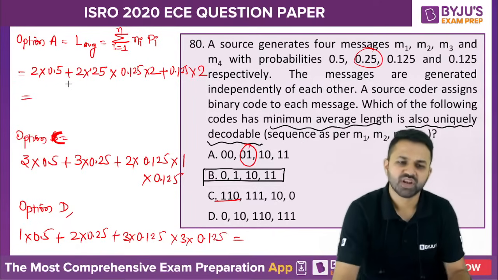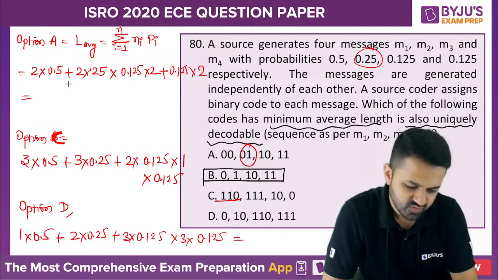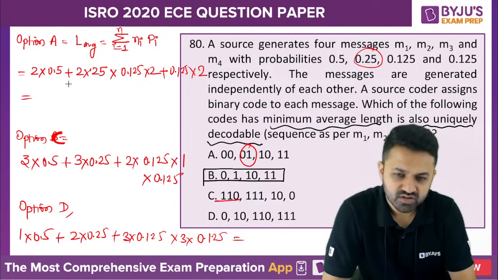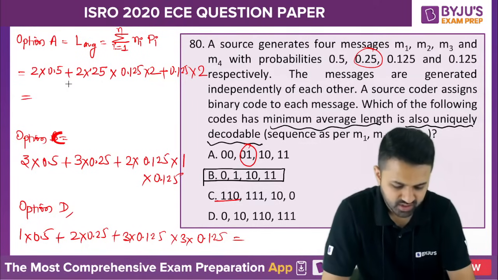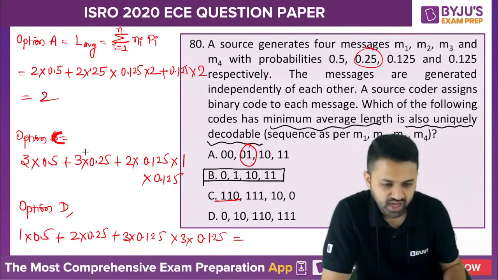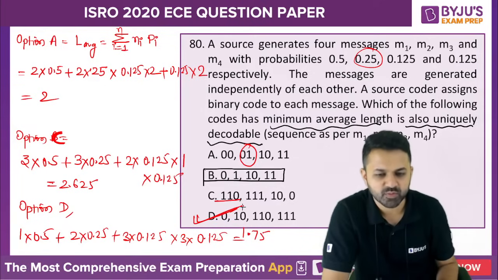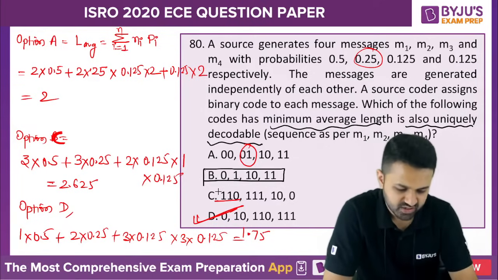So in this way you will get all the 3 options and you just need to tell what is the minimum. We have to calculate one by one. For the first option, we are getting 2. For option number C, I am getting 2.625. And for option number D, I am getting 1.75. So I am getting the minimum for option number D.